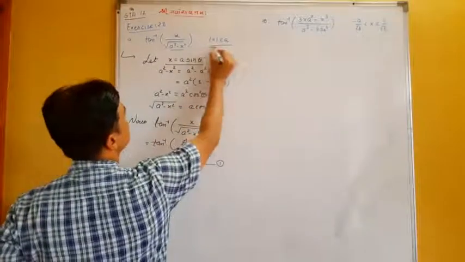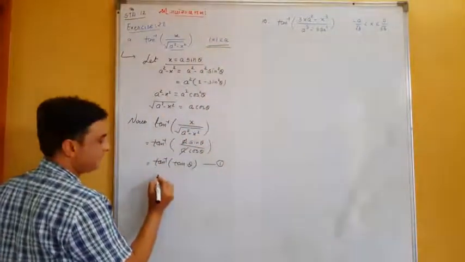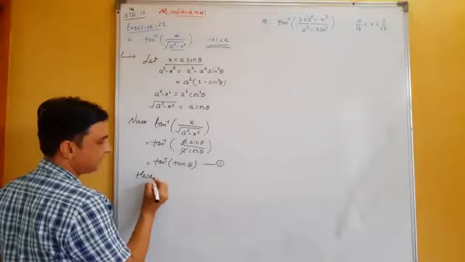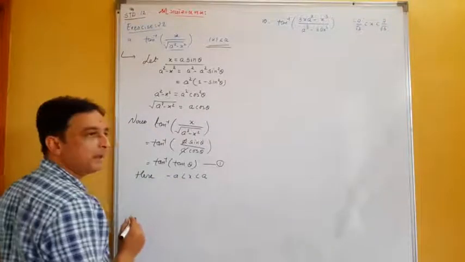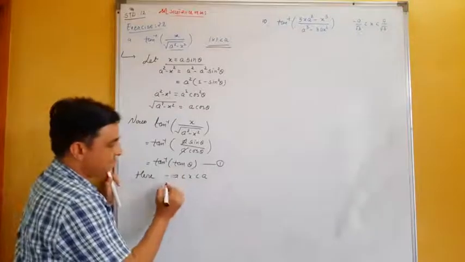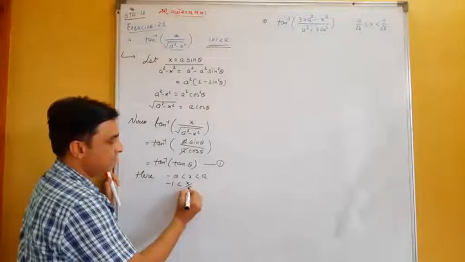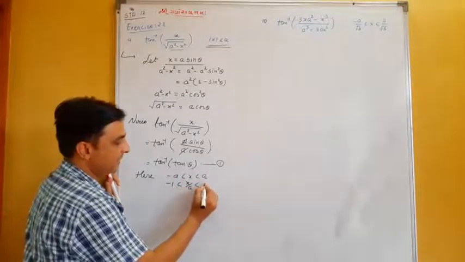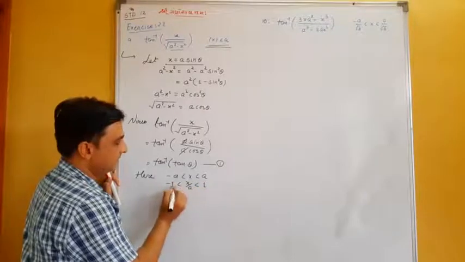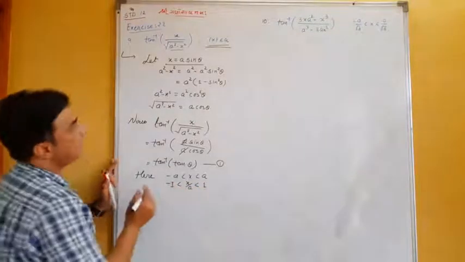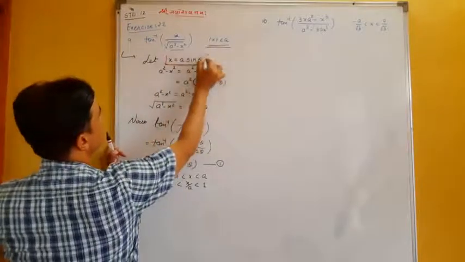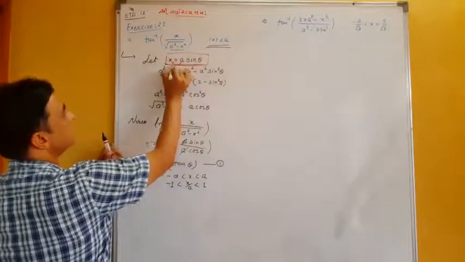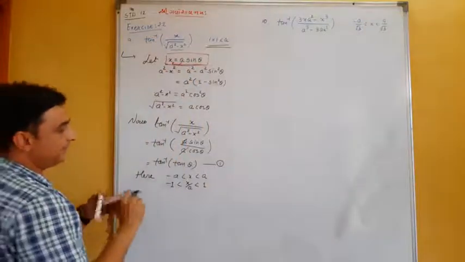Now the condition is given here: minus a less than x less than a. Divide by a. So minus 1 less than x by a less than plus 1. Now what is x by a? Here x by a is sin theta.